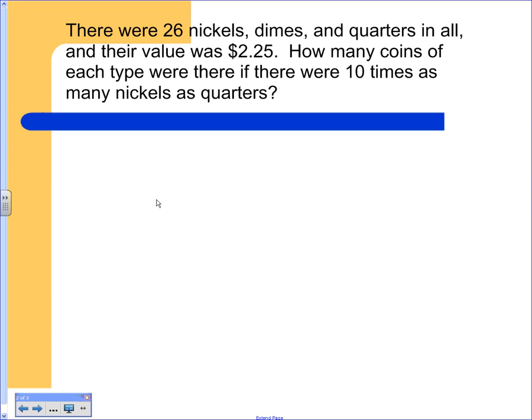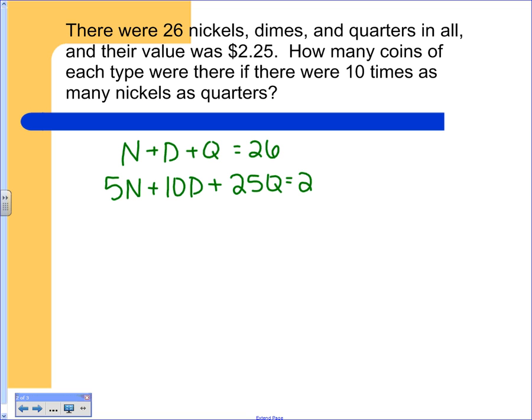Okay, so what do we know about our N, D, and Q's? So that makes one equation. What could be another equation? Okay. Do you agree with that? Okay, what could go next?